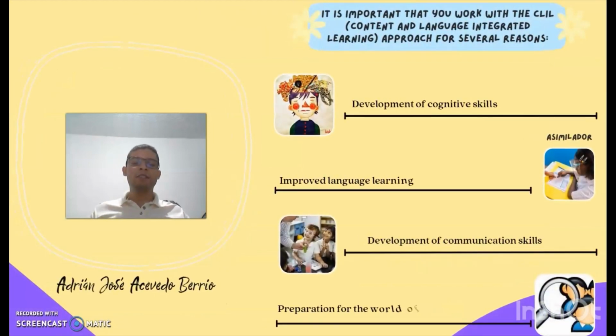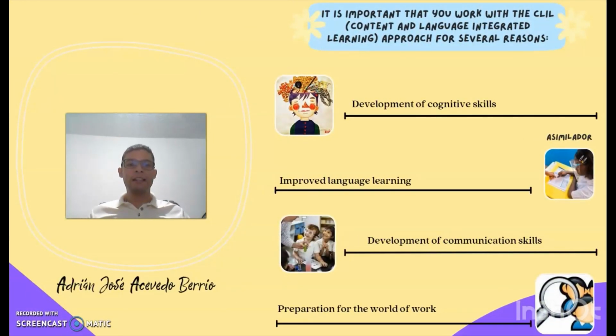So now it is important for us to understand why we need to use a CLIL class to succeed by teaching something new. For example, here we have some approaches and reasons to use a CLIL class. The first thing that we find is that the development of cognitive skills is pretty relevant.